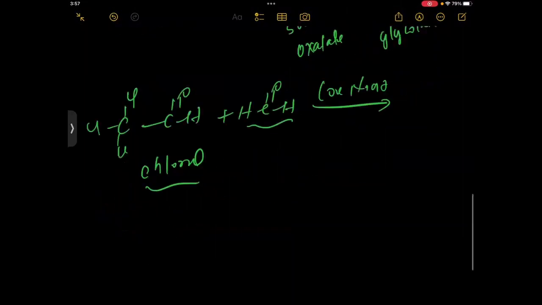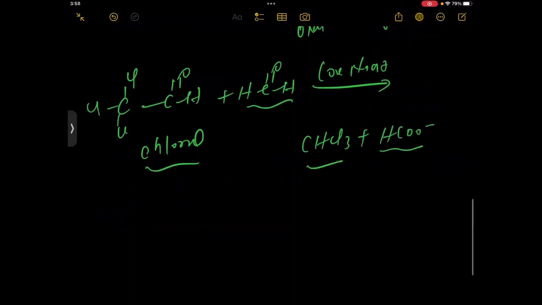Instead of the Cannizzaro reaction, it will form chloroform, CHCl3, plus HCOO negative. So neither formaldehyde contains alpha hydrogens nor chloral contains alpha hydrogens, yet chloral will not be involved in the cross Cannizzaro reaction.